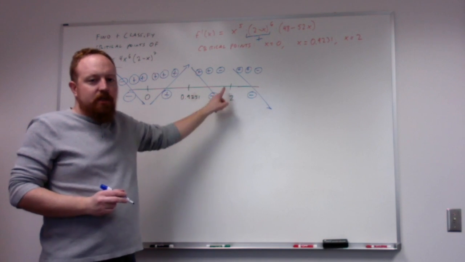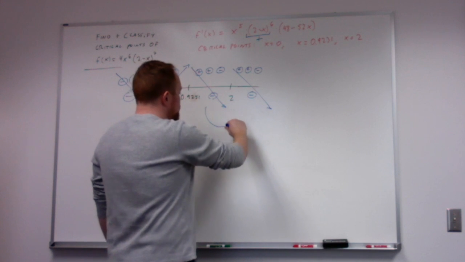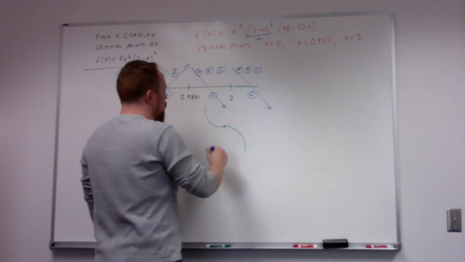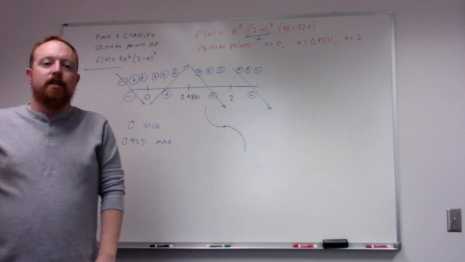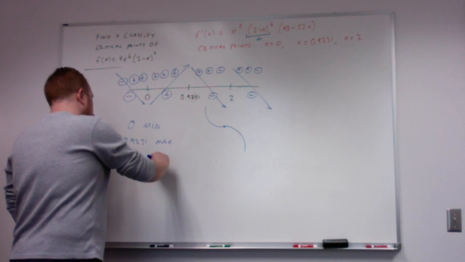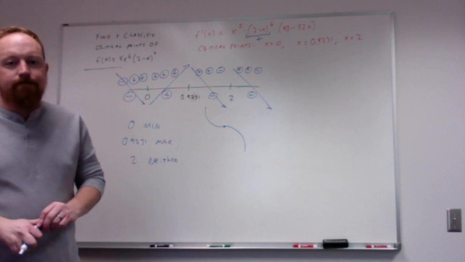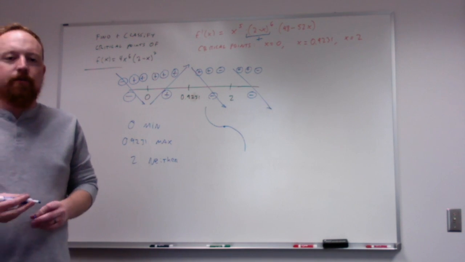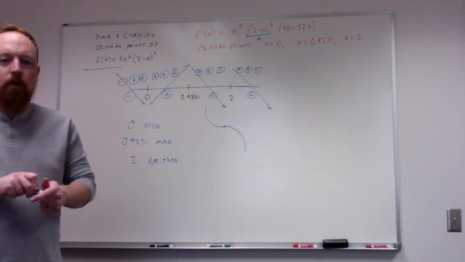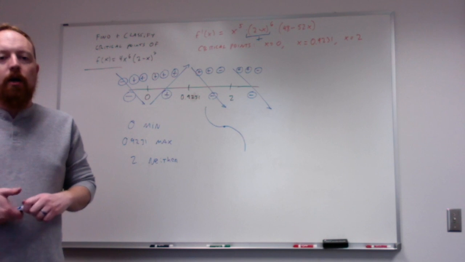We're going from decreasing to decreasing. So that means that the function looks something like this, and we have what we call a horizontal point of inflection. It's neither a minimum nor a maximum. So there we go. We have managed to find all the critical points and classify each one as either a maximum or a minimum or neither using the first derivative.